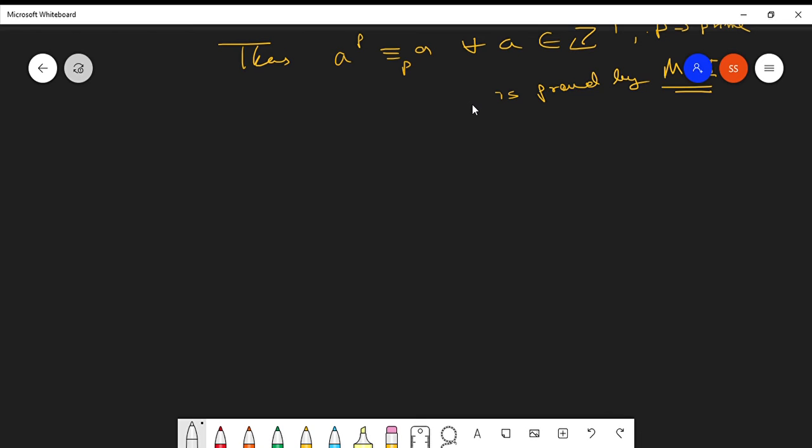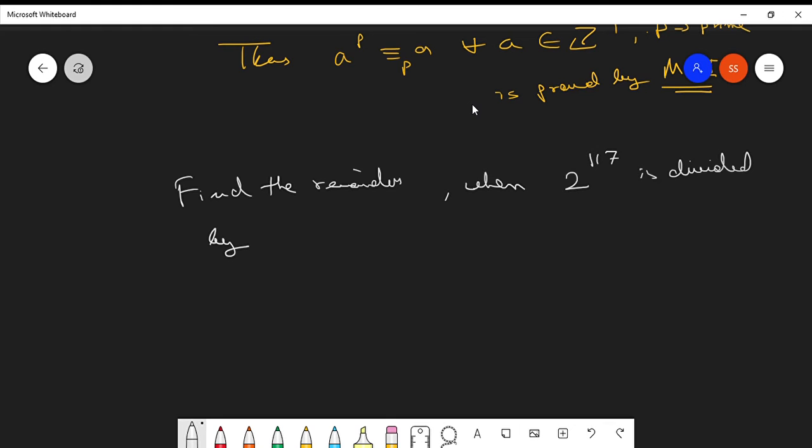So suppose you have been asked to find the remainder when 2 to the power 1117 is divided by 3.